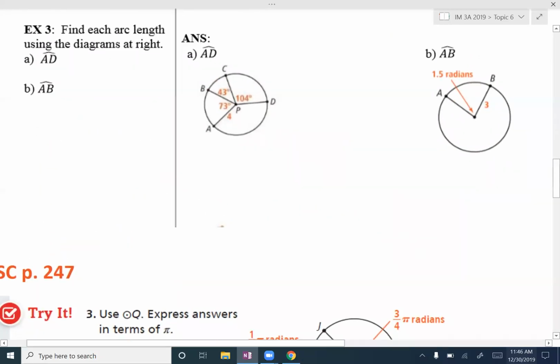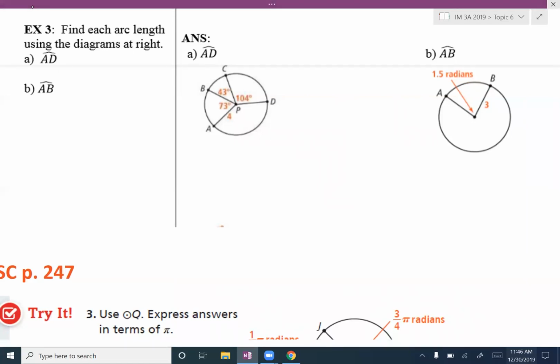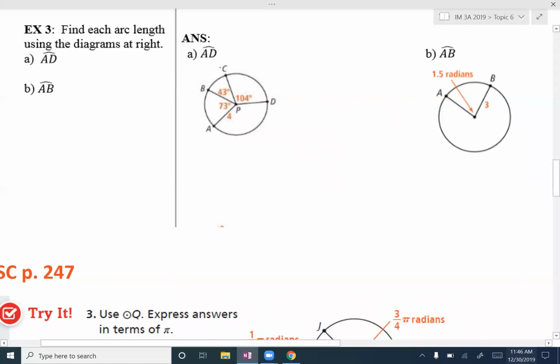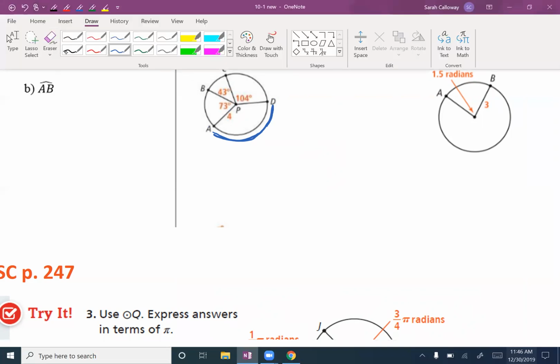So for example, in 3A, we want to find the measure of arc AD. Remember that we have to be careful, and AD is the arc that just connects A and D together. So it's this arc here, not, for example, ABD or ACD, which would be that larger arc. They're giving us all of the angles in the circle except the angle that we need.